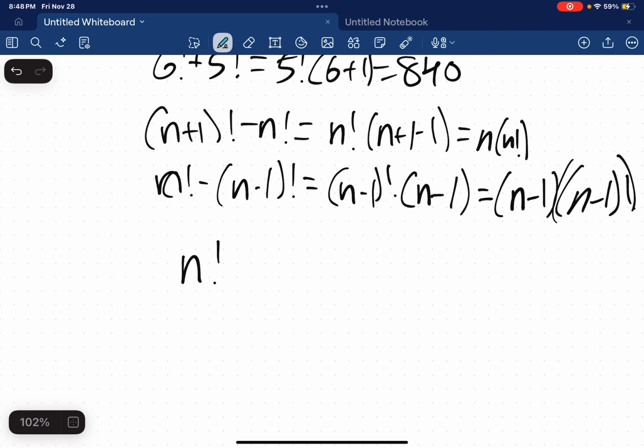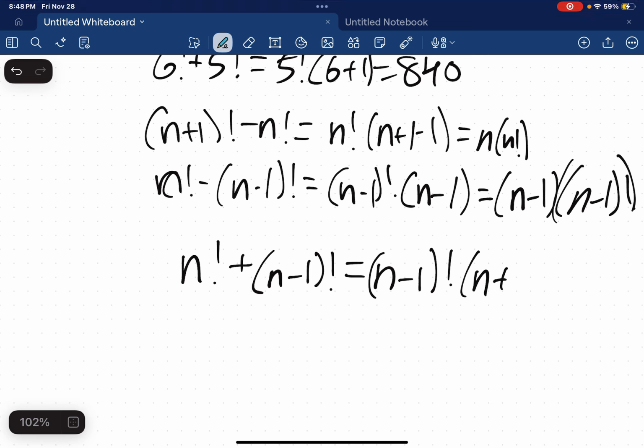Then we have n factorial plus n minus 1 factorial. We can take an n minus 1 factorial out of all of this and then multiply by what we had earlier.